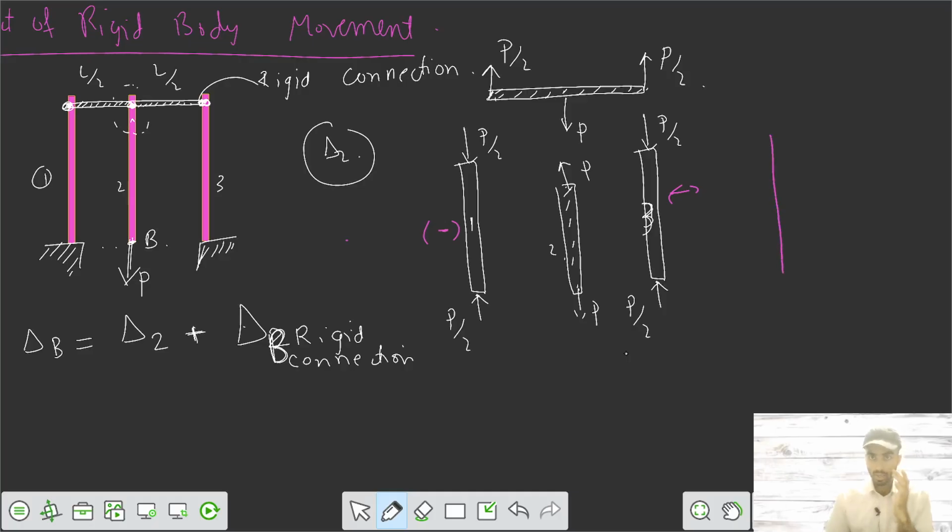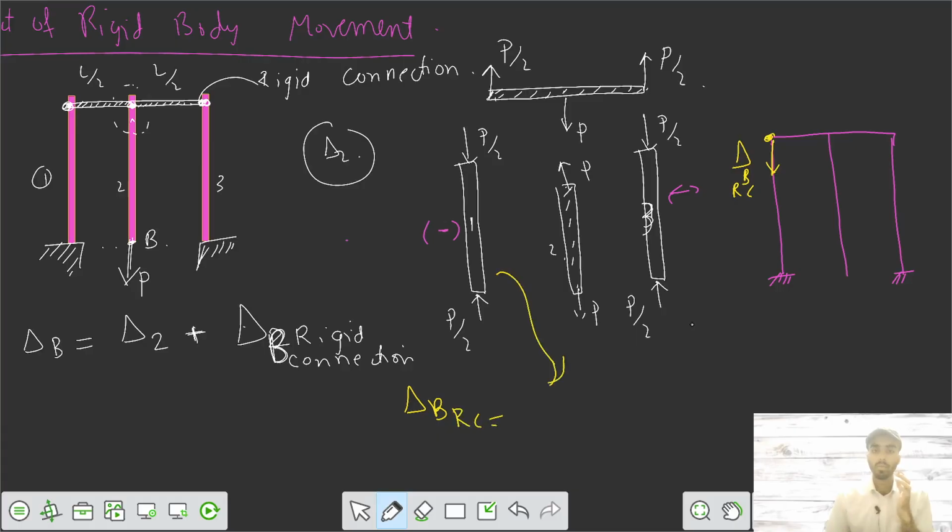If this member is getting shortened and the support is here at the bottom, and the support is here also at the bottom, and you have a rigid connection, and the third bar is also here, if the members in bar 1 and bar 3 are getting compressed, there is no option. They have to compress, and this joint has to settle downwards by delta B rigid connection. That is the deformation delta B RC.